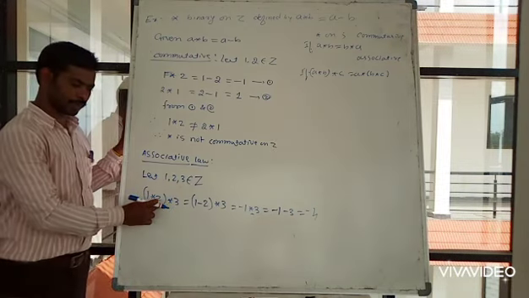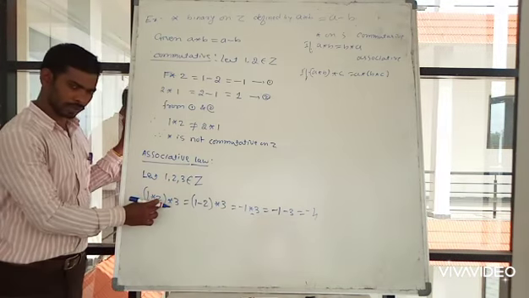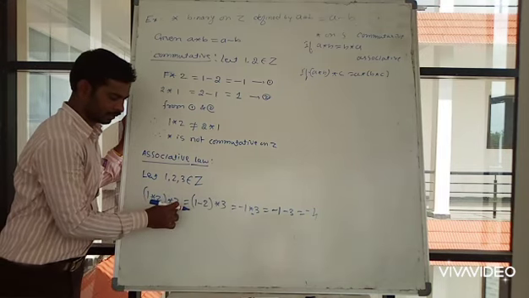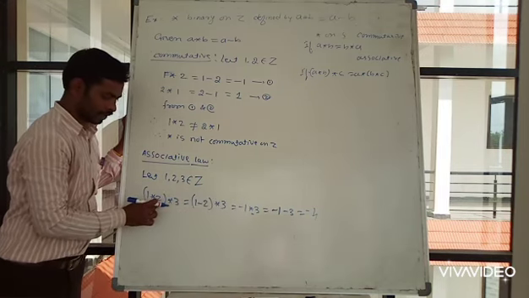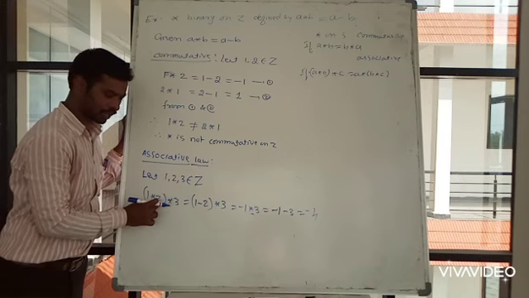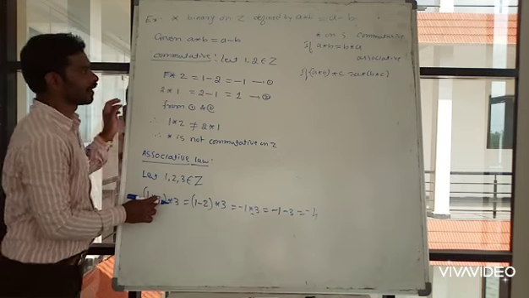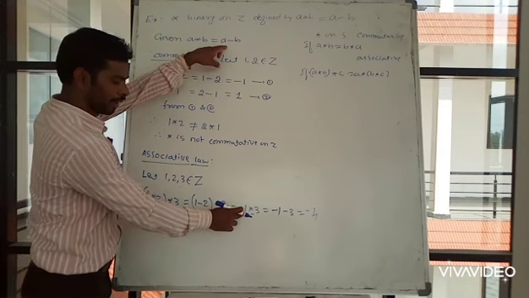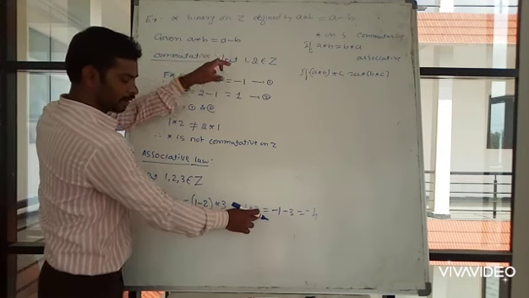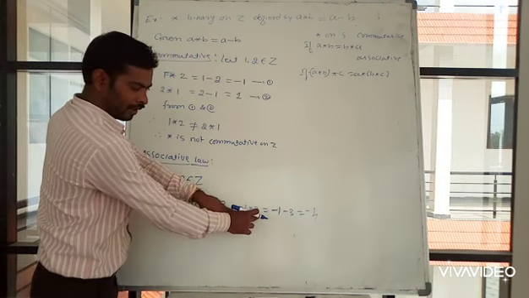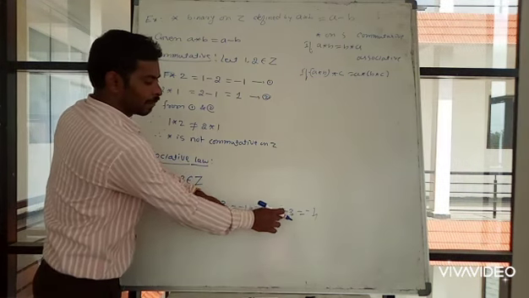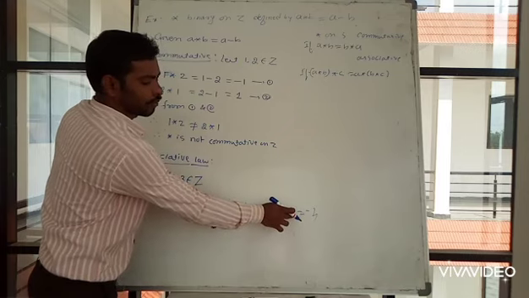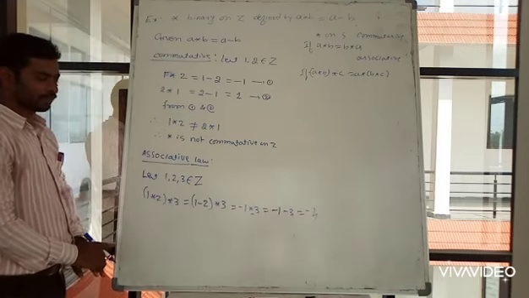Here for A star B, first apply the star operation on these two elements, and keep star 3 as it is. 1 star 2 means 1 minus 2, which is minus 1. Then minus 1 star 3 is again in the form A star B, which is A minus B: minus 1 minus 3, equal to minus 4.